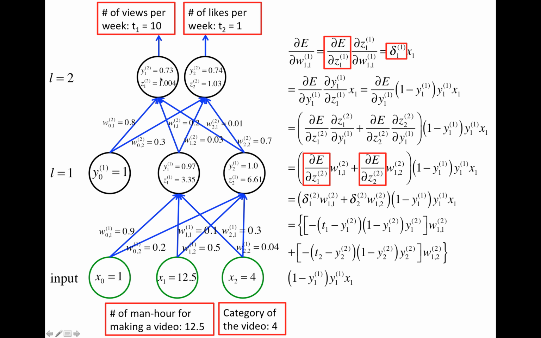But it's not enough yet. Because Y11 also goes into this Z22. So we have to add this particular term: partial E, partial Z22, multiplying partial Z22, partial Y11.